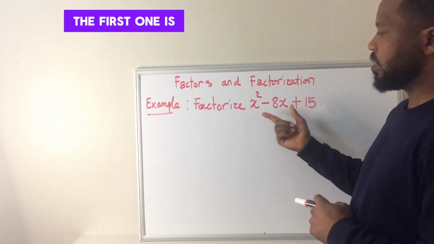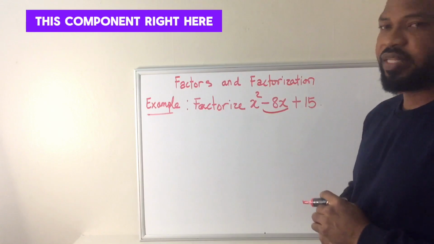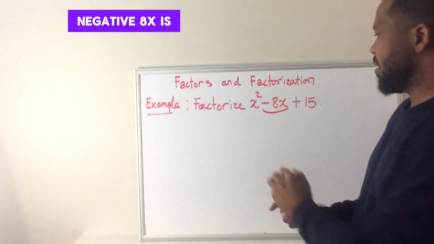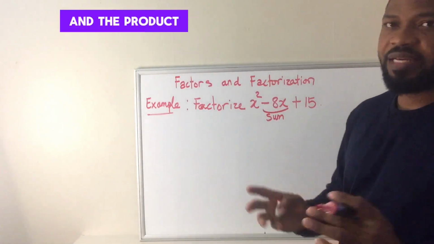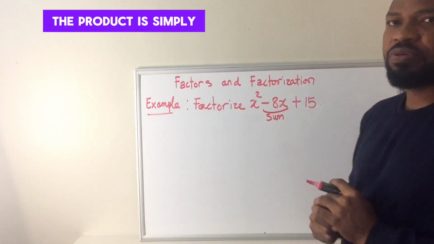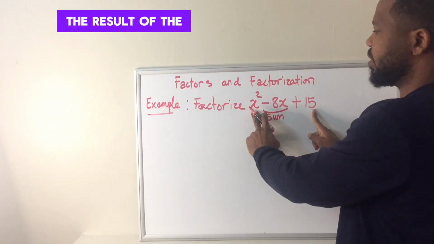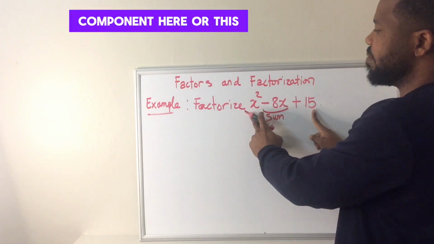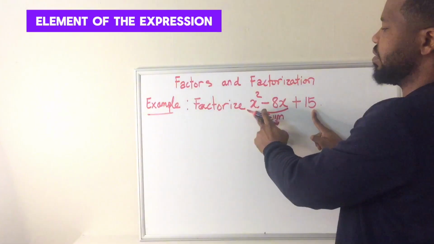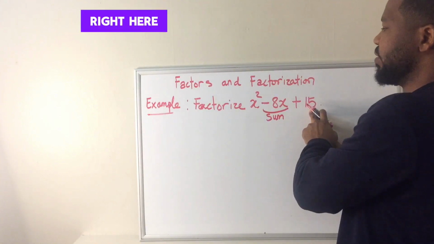The first one is the sum, and that is this component right here, negative 8x. The product is simply the result of the multiplication of this component here and the last element right here.